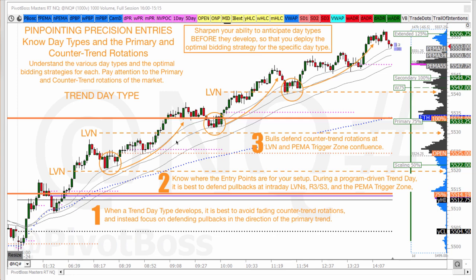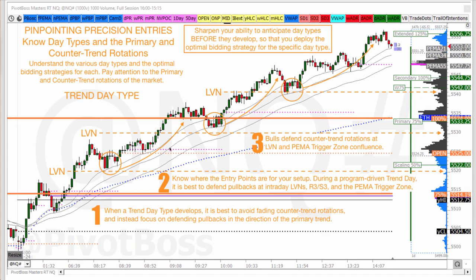My goal is to forecast or anticipate that a day type may occur, and then as it's happening, recognize that it is happening. Confirm that it is happening. And then continue to confirm as it continues along the path. We talked a lot about the trend day type today because that's what we had in the market.